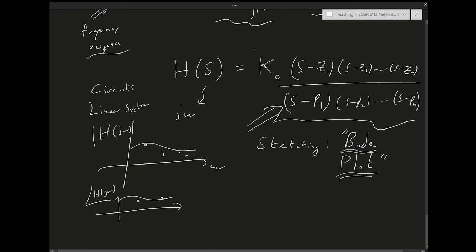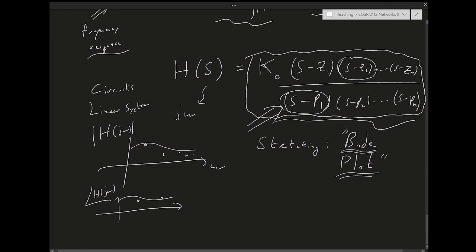We can divide and conquer. How do I plot this pole by itself? How do I plot this zero by itself? How do I plot this gain by itself? If I know how to plot each one by themselves, I can somehow then add them all together to get the resultant plot. This is the key element that allows us to build the Bode plot.